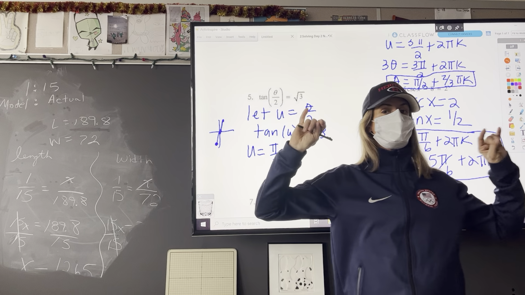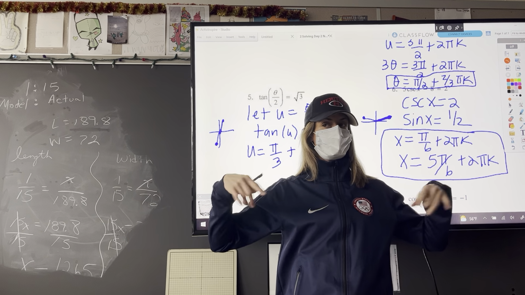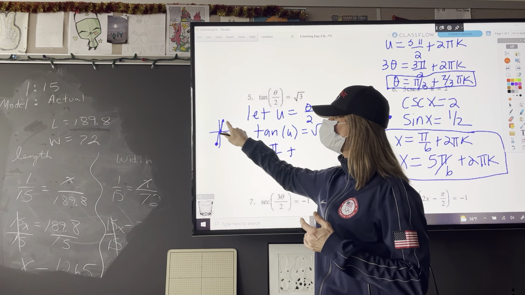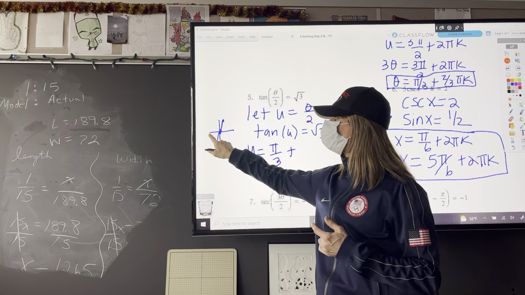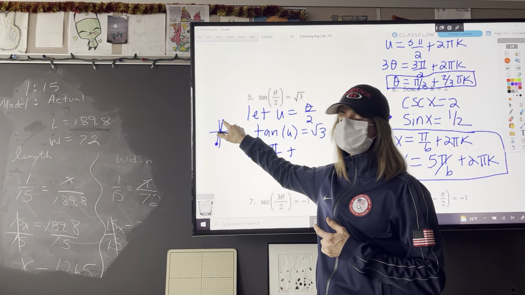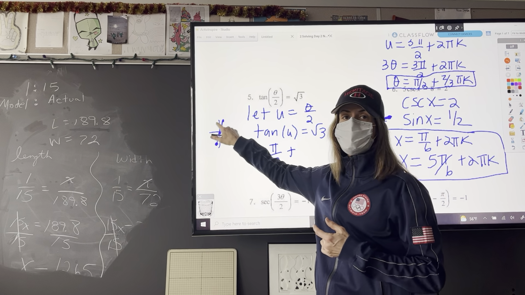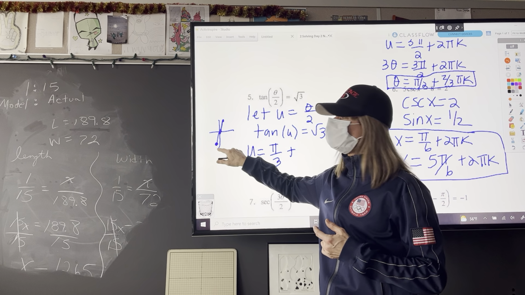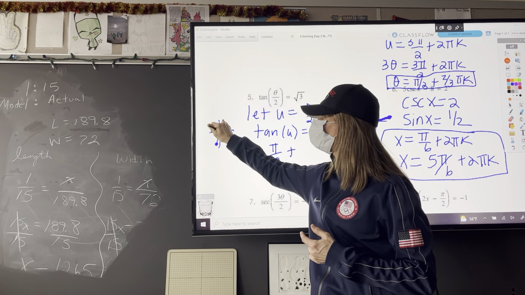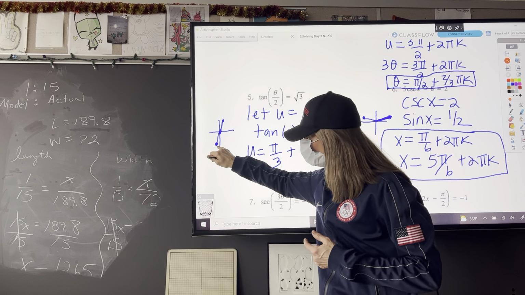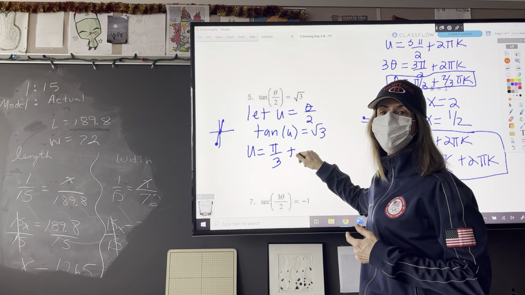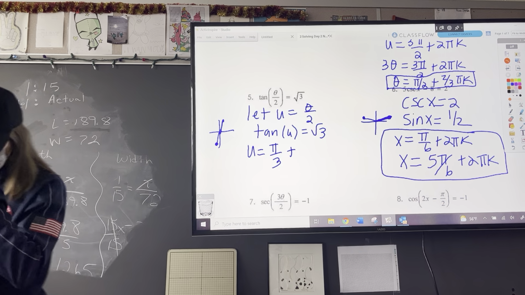So I'm not going to write each of those two solutions separately and say plus 2 pi k because that's redundant. Since the distance is the same in between each of the solutions, I'm going to add pi to get to the next solution, and then pi to get to the next solution. So we're going to add pi k times. So I only have to write one solution rather than both separately. You can just write pi over 3 and then add pi to get the next solution, and then pi again, and then pi. So this is going to be pi over 3 plus pi k. I know, it's not easy.